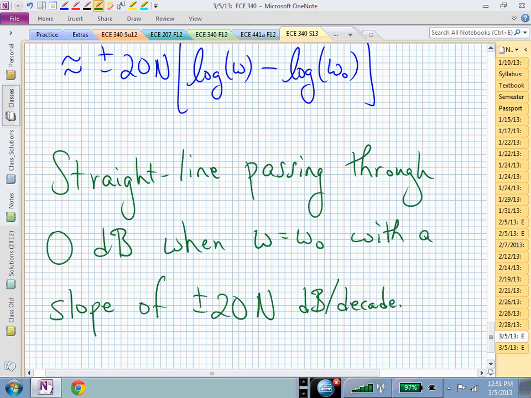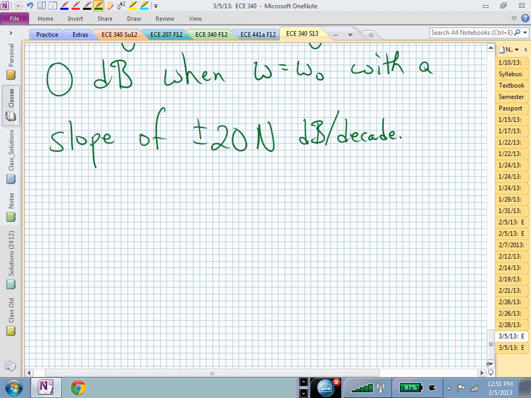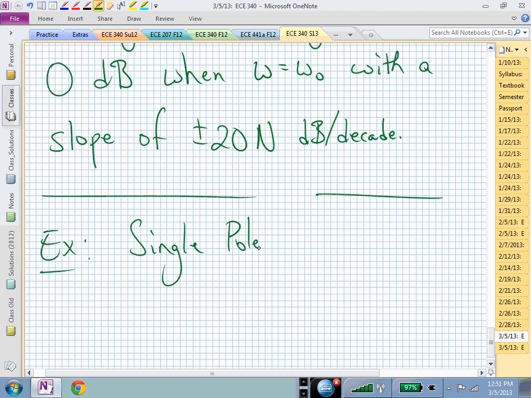We'll talk about that in just a minute, but for now, let's look at an example. If we now had a single pole, that's how we could express that factor for a single pole.